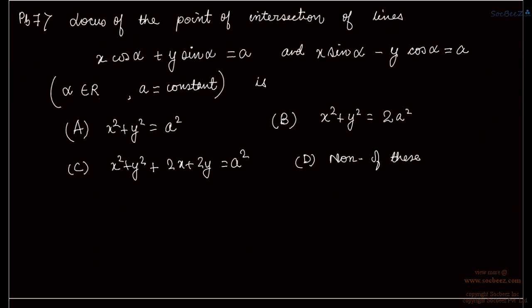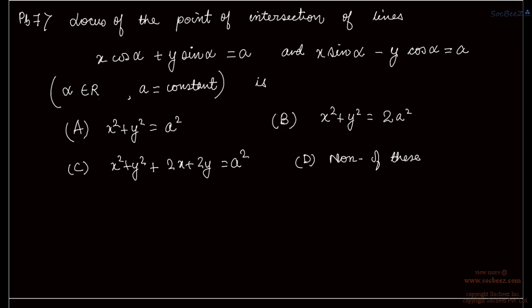So moving to the next question. Locus of point of intersection of lines x cos alpha plus y sin alpha is equal to a and x sin alpha minus y cos alpha is equal to a, where a is constant and alpha is a parameter. So alpha is a variable parameter which we have to eliminate to get the locus.